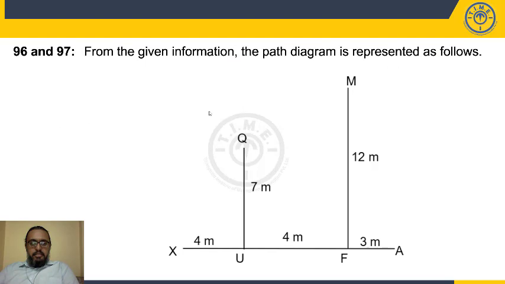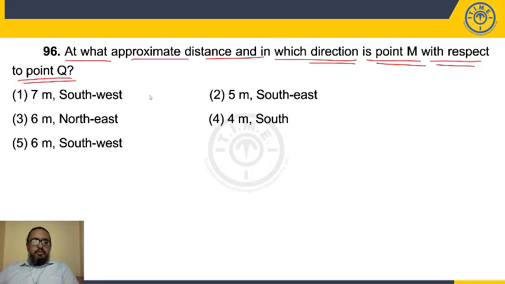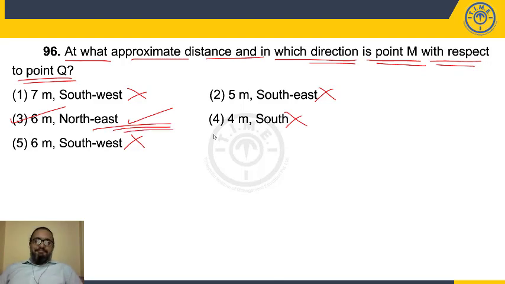So from Q we will have to check the direction of M. Now what is this direction? The above direction is north and your right direction is east. So in between you get what? Northeast. So check how many options you have with northeast. So not this, not this, not this, not this. So only one option with northeast, that's all. Choice 3. Move on to the next.